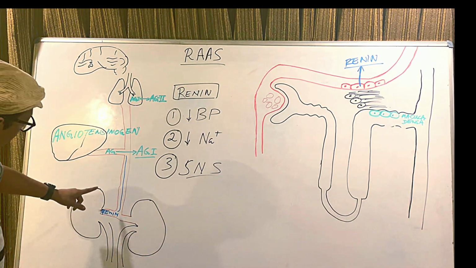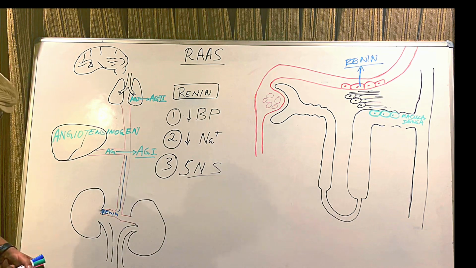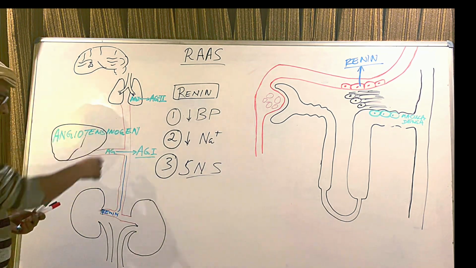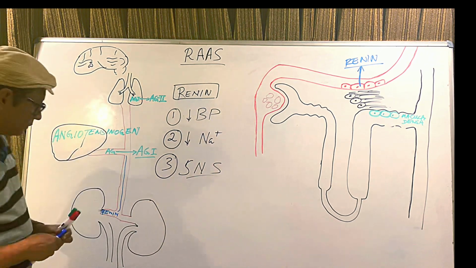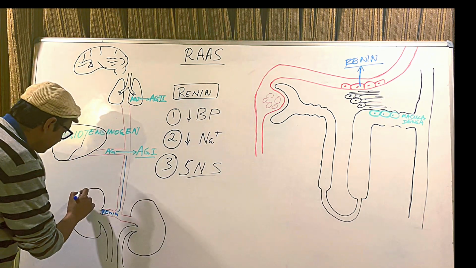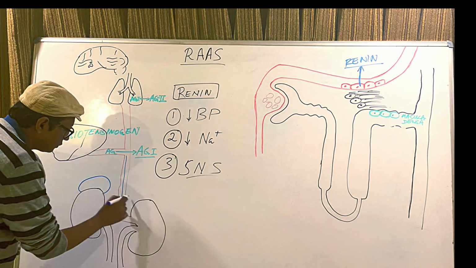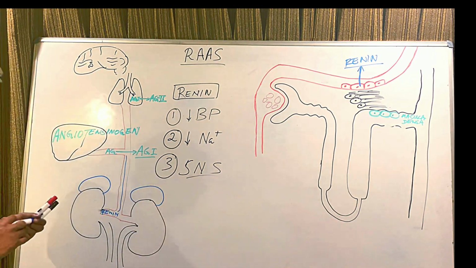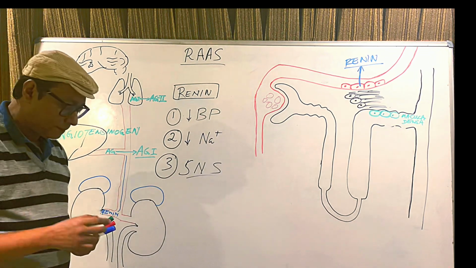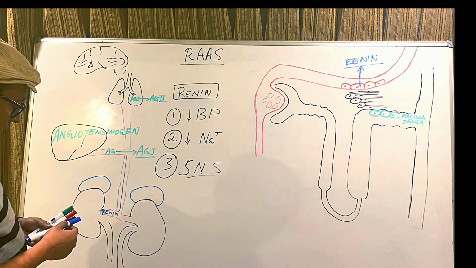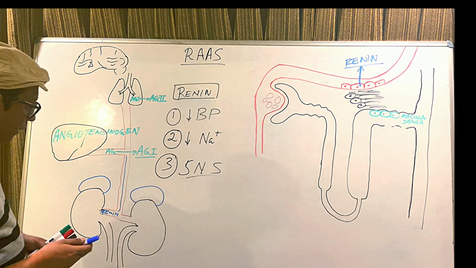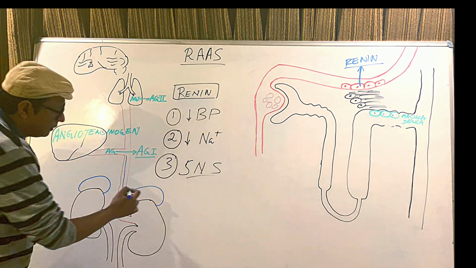Now, there is another role of renin. The renin triggers three things, out of which we know angiotensin is one. What are the other two? The other is this: the kidney has two adrenal glands, and these adrenal glands secrete aldosterone whenever renin is there.